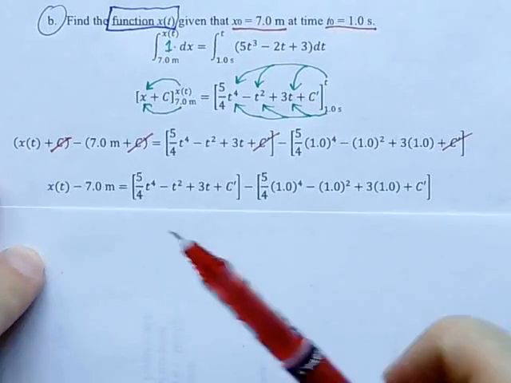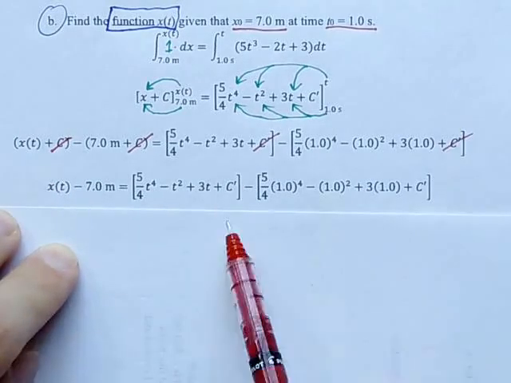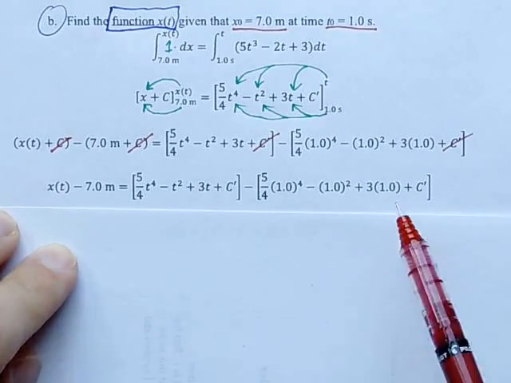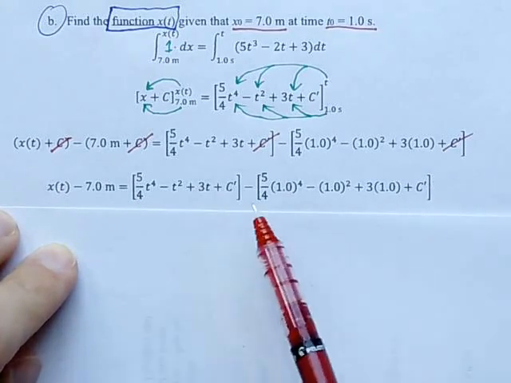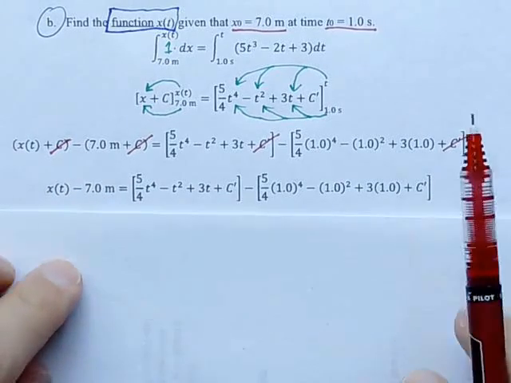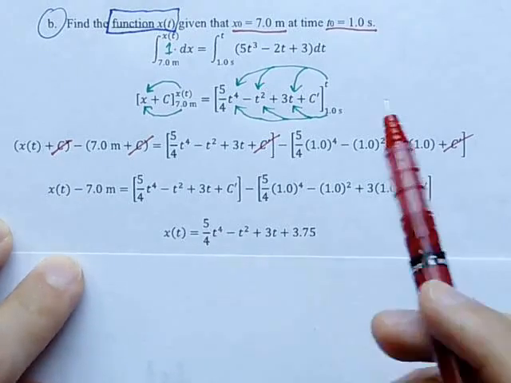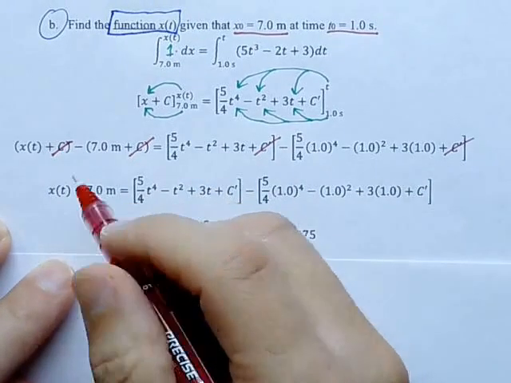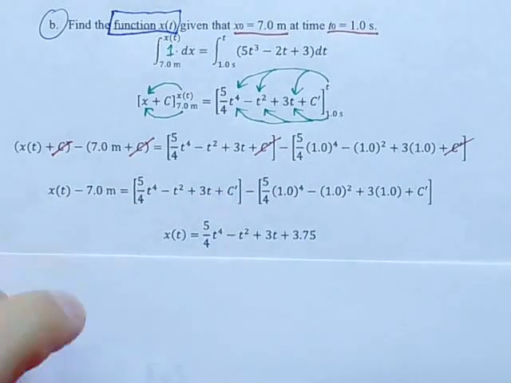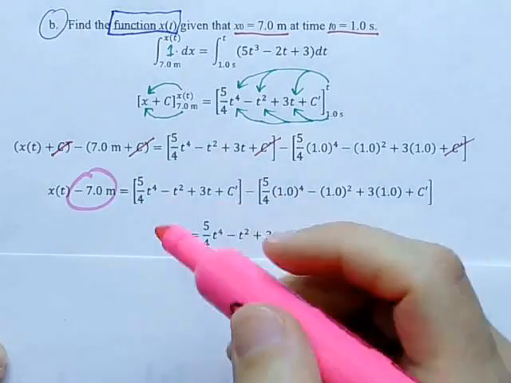Simplifying here, the left-hand side becomes x minus 7. Oh, no changes on the right-hand side yet. Left-hand side became x minus 7. And then we're just going to simplify. So since what we really want to know is x of t, this minus 7 meters, I'm going to add that to both sides.